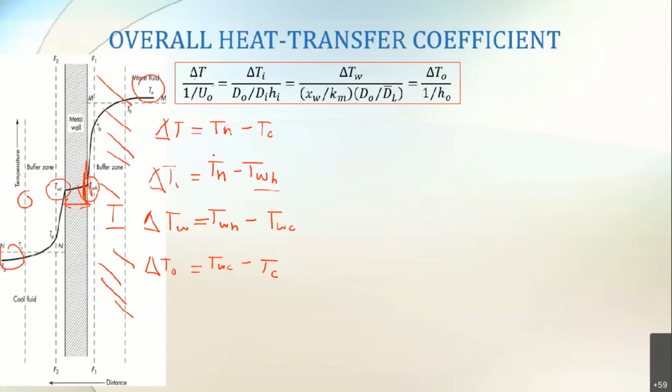In order to find T wall hot, you must use one of these equations, either delta To is equal to delta Ti times di over do, or any other. You must first identify which temperature you want to find. After you have identified it, you can choose which part of the equation to use. You must be able to identify the definition of each delta and each temperature.